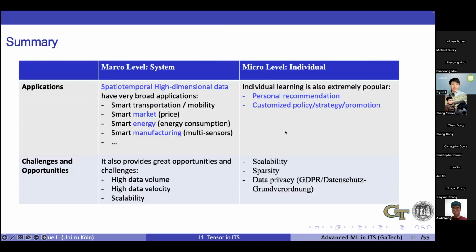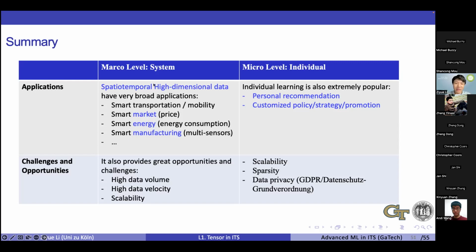So overall, we show how popular high dimensional data, specifically spatial temporal high dimensional data, is in the smart transportation area, and also maybe in smart market, smart energy, or smart manufacturing.